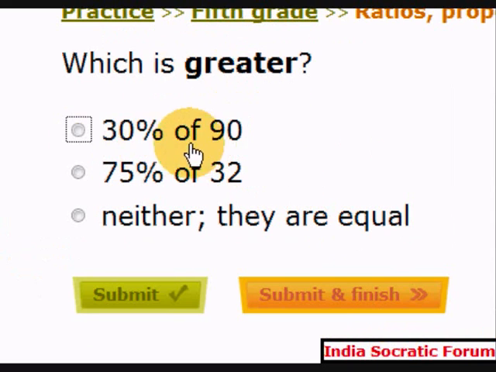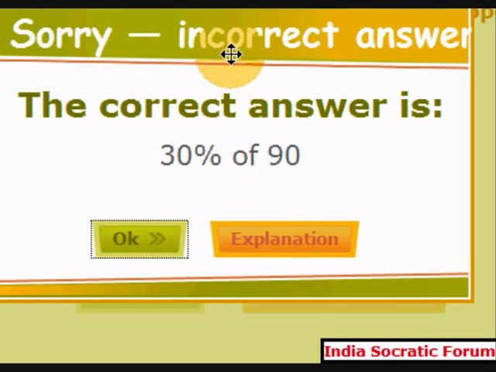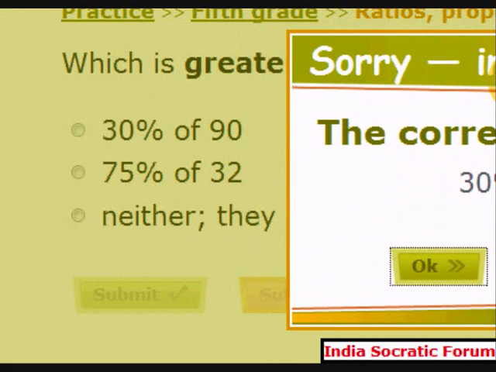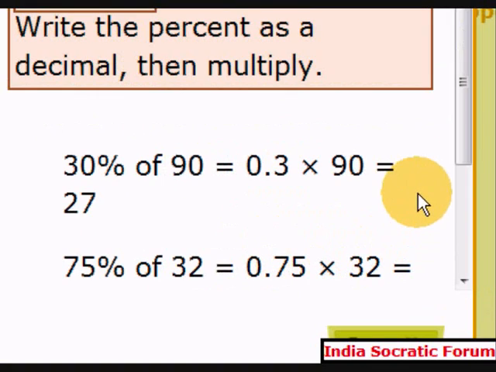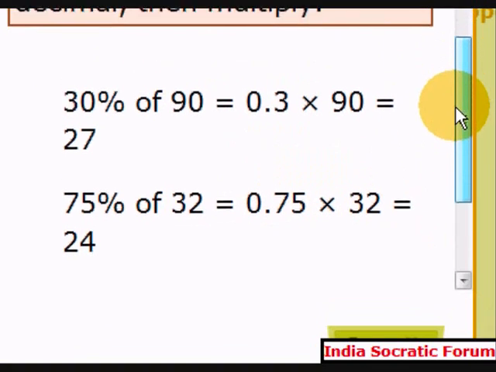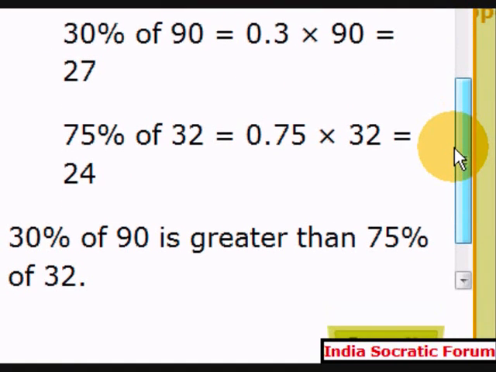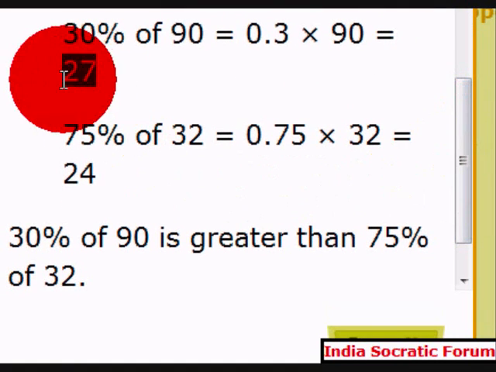Which is greater, 30% of 90, 75% of 32, or neither? The answer is 30% of 90. Why? Look at the answer. This is greater.